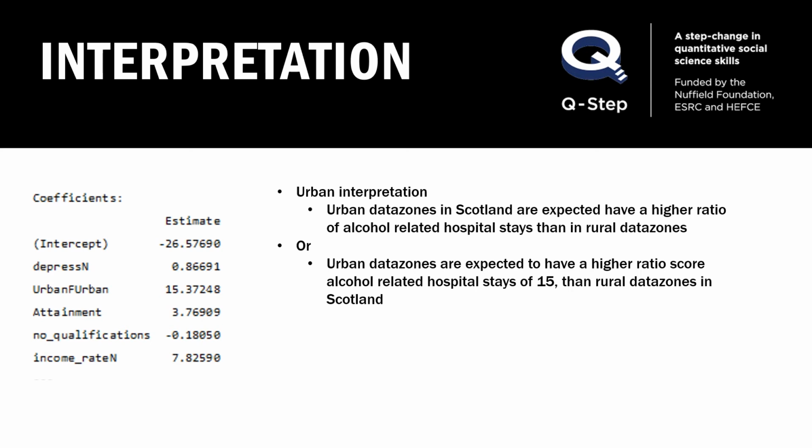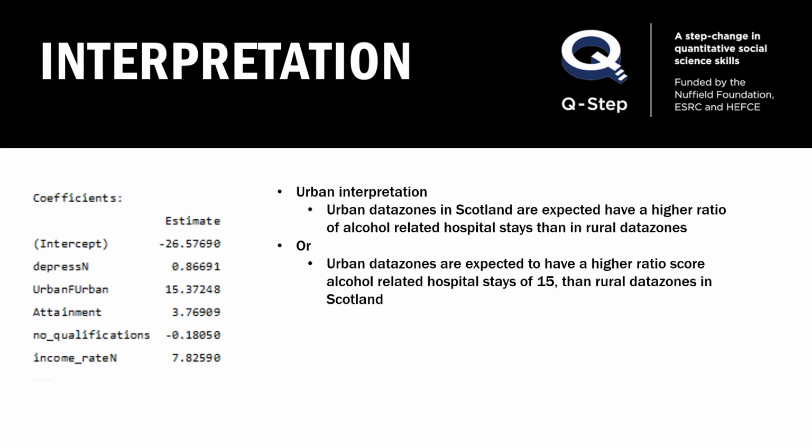To interpret this, we could say that urban data zones in Scotland are expected to have a higher ratio of alcohol-related hospital stays than rural data zones. Or you could change it into urban data zones are expected to have a higher ratio score by 15 than rural data zones in Scotland.